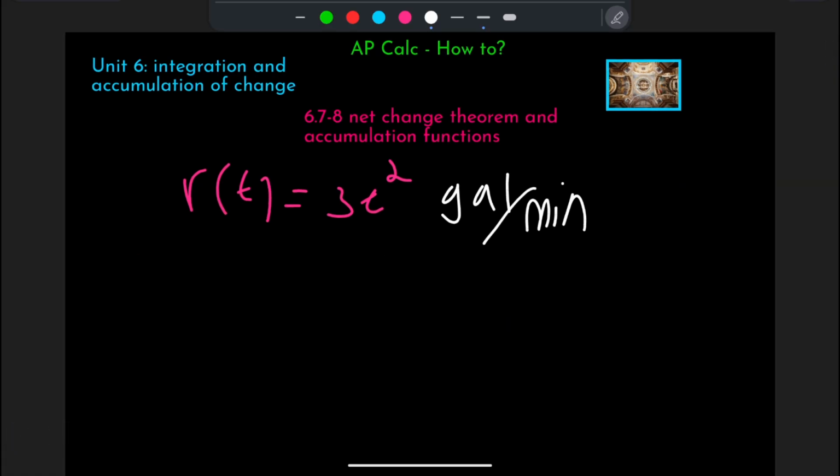And then how much water enters from t equals 1 to t equals 4 is the question.